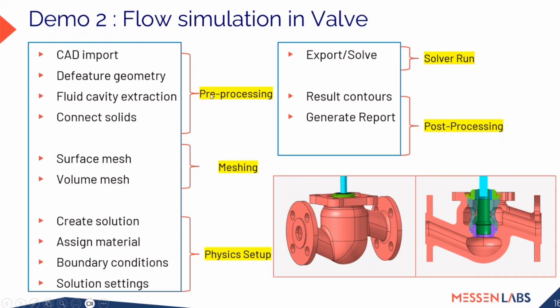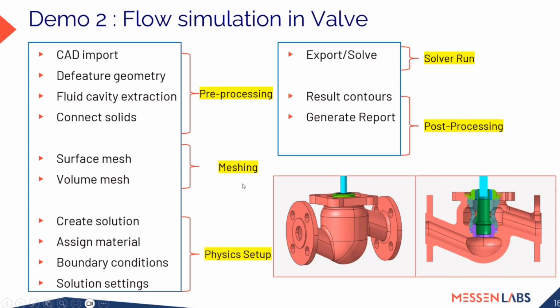Just like I mentioned in the pre-processing, these are the steps which need to be followed for this case. Then the meshing is common for all, surface and volume mesh. Physics setup: we need to create a solution, material assignment, boundary conditions, and the solution settings. Submit the job to the solver and then prepare a report.